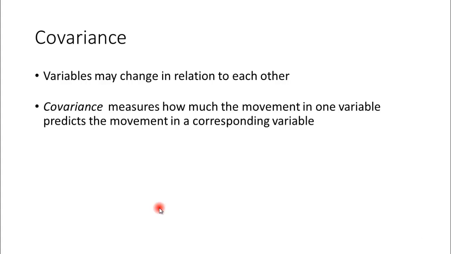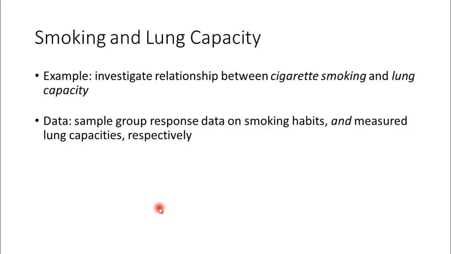Covariance is a parameter that captures the essence of the relationship between two variables. Covariance measures how much the movement in one variable predicts the movement in the corresponding variable. For example, smoking and lung capacity.